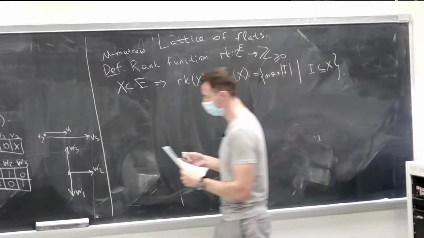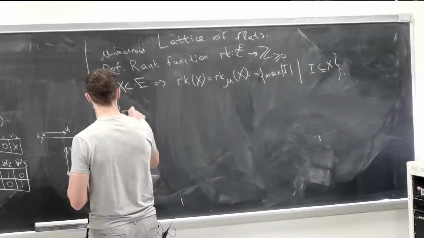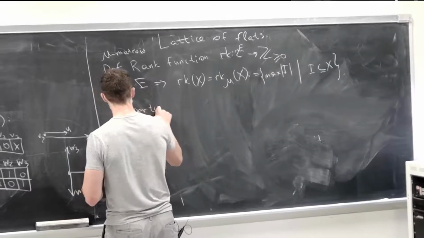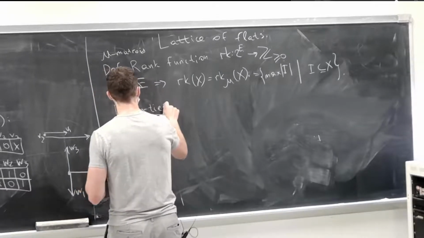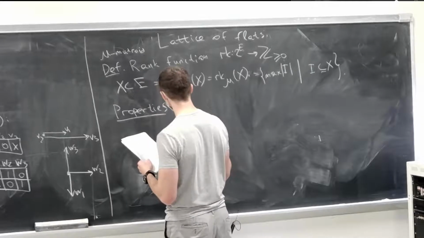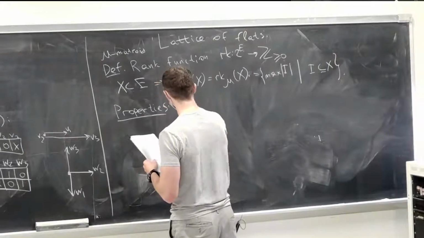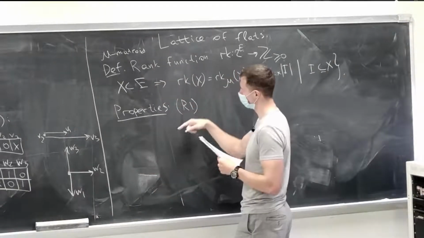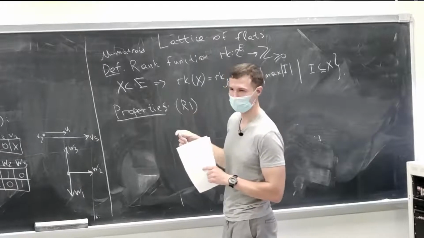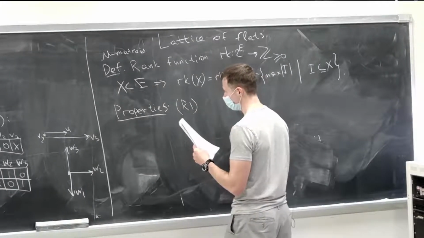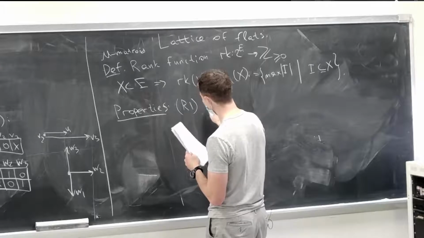In particular, we have the following properties of the rank function. Again, you should think of these as axioms, which give you another definition of the matroid. As usual, most axioms are going to be trivial.